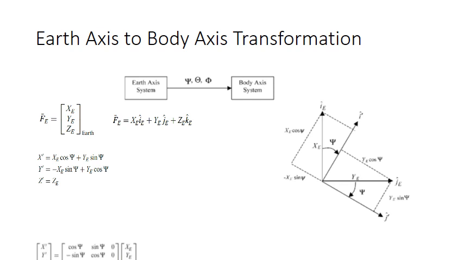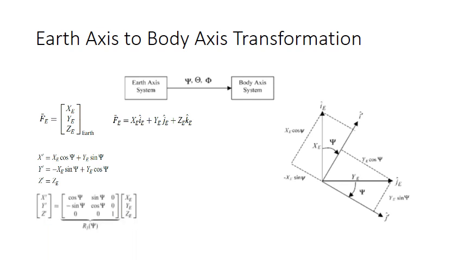Or in the matrix form, it can be written as follows. This is the vector of x dash, y dash, z dash in the new axis system, and this is the transformation matrix. We got it from these equations, and this is the original components in the Earth's axis system.